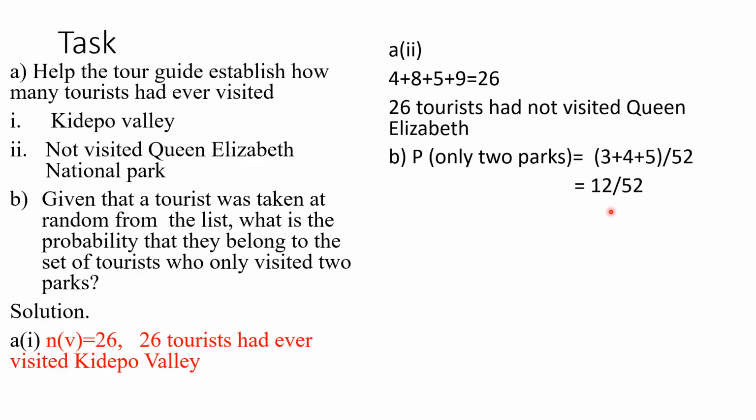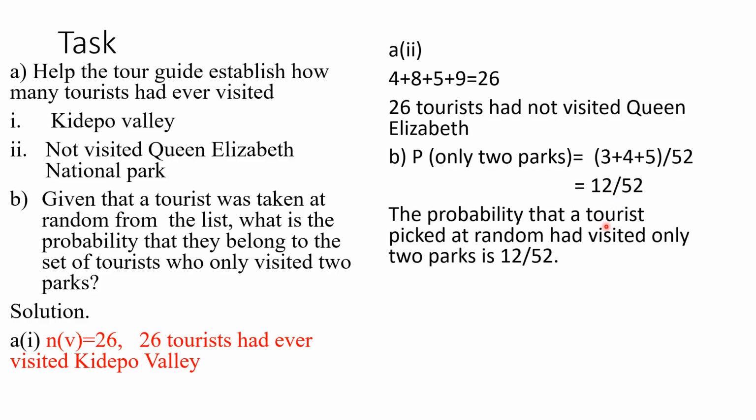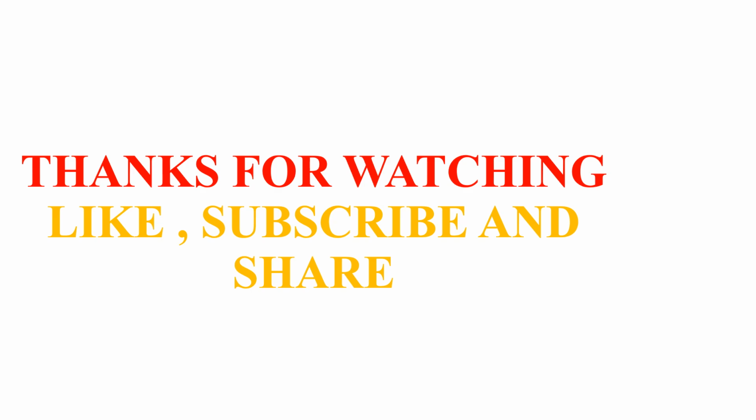Then the final answer is 12 out of 52. So we say that the probability that a tourist picked at random had visited only 2 parks is 12 out of 52.